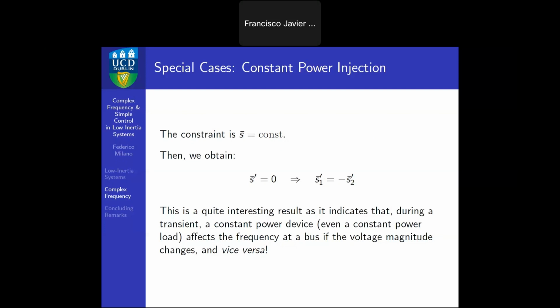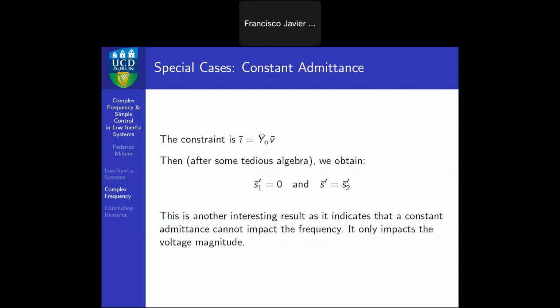They are just the opposite, perfectly compensating each other over time. Because to have a constant power injection, we do need a control. We do need that whatever variation of the voltage will reflect into a variation of the current. And that is an active action of the device. And so these two components are not zero, even if the result is zero.